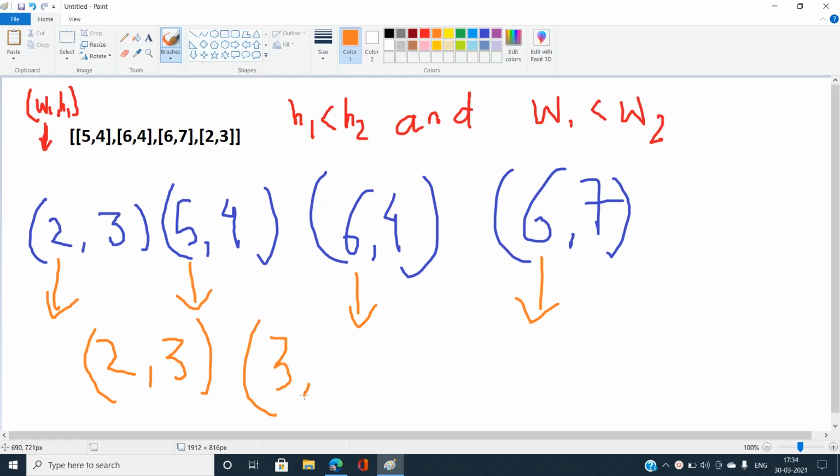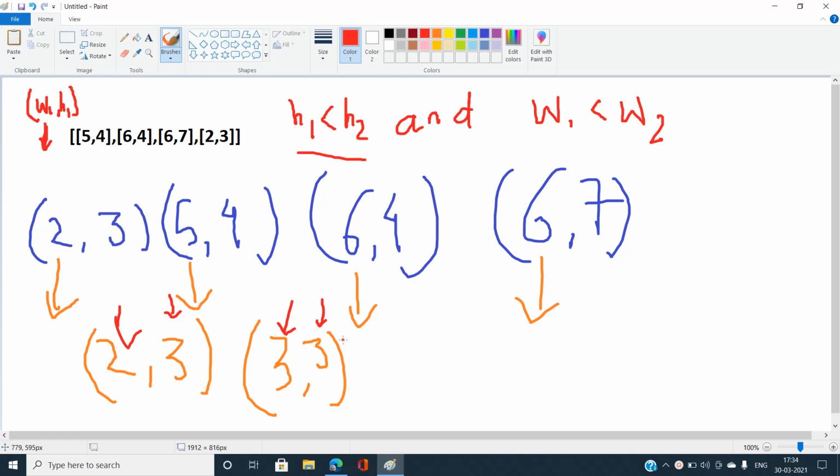You can easily see that the first keys, 2 and 3, satisfy the condition h1 is less than h2. Can envelope e1 be put inside e2? No, we cannot, because you can see the second key 3 is exactly equal to 3. So e1 cannot be put inside e2. So how are we going to handle that? Let's have a better solution for that also.